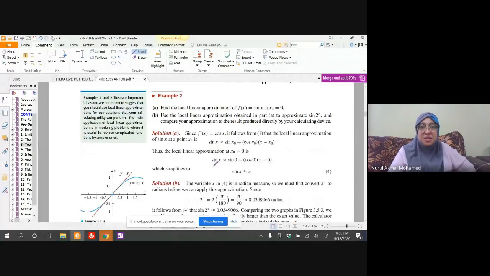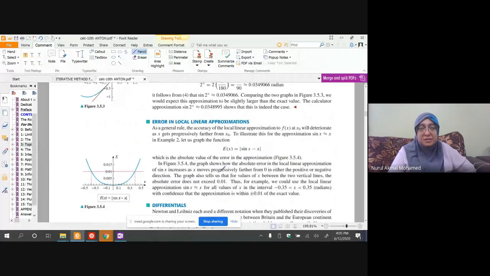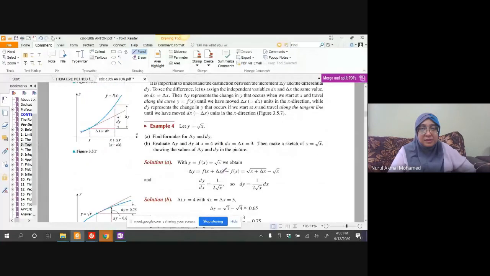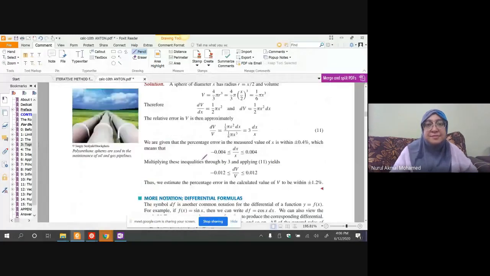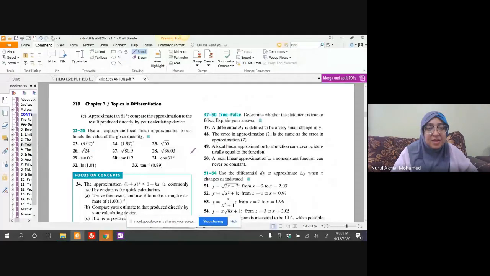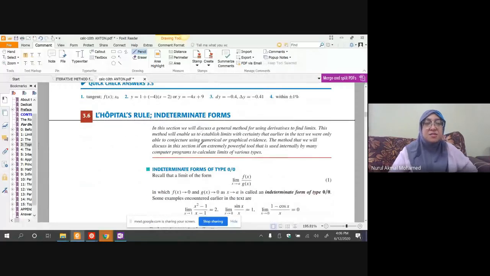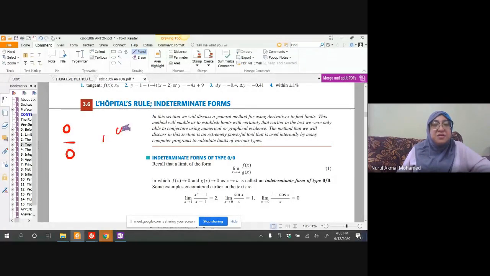Any question? No. Okay, now let's continue with the next topic, L'Hopital rule. We have learned this before. L'Hopital rule can be applied when you have 0 over 0 or infinity over infinity.